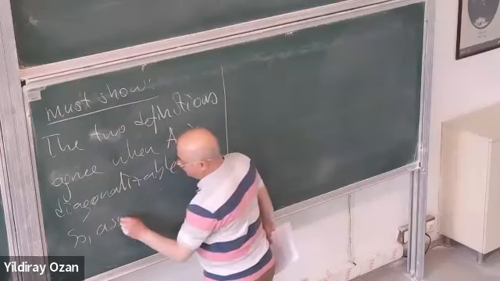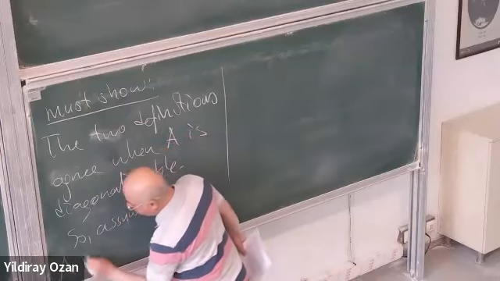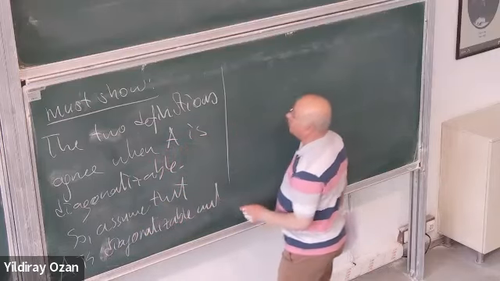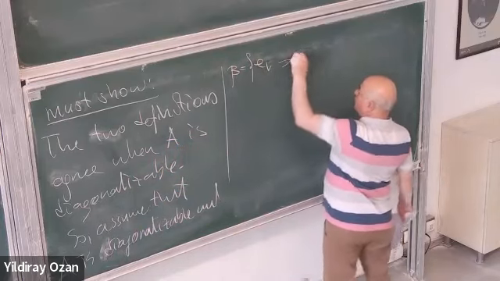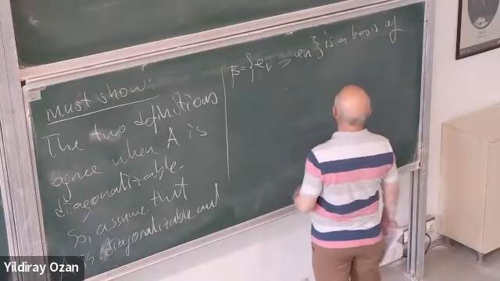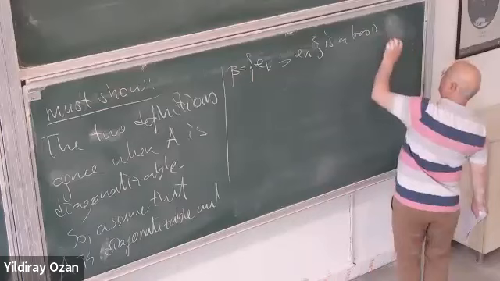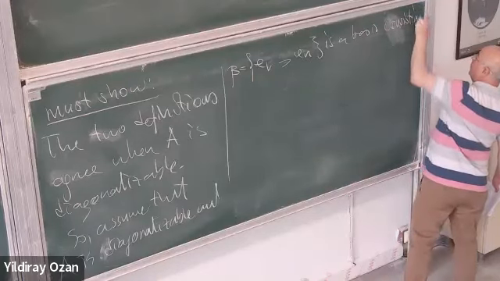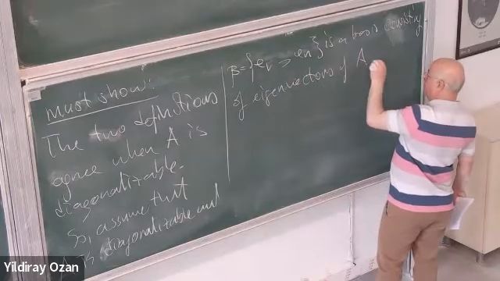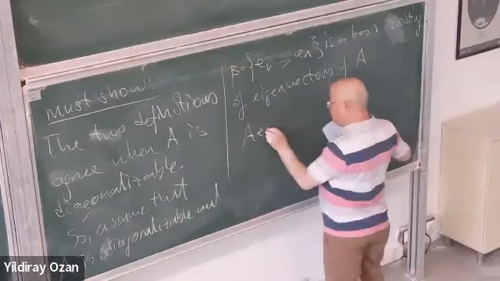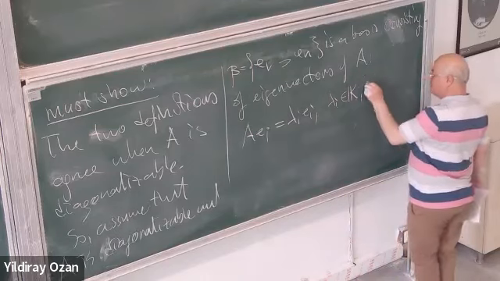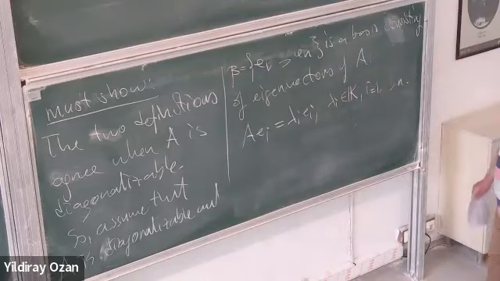Suppose A is diagonalizable, and there is a basis of eigenvectors, meaning A e_i equals lambda_i times e_i.